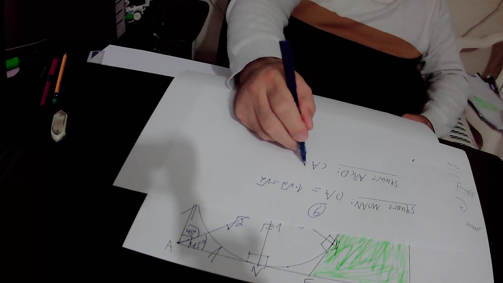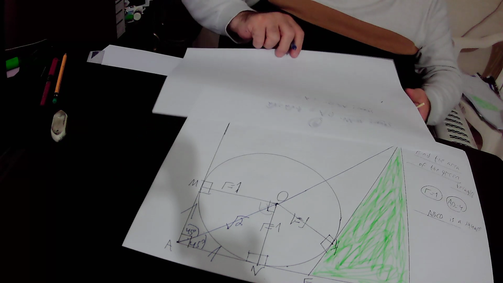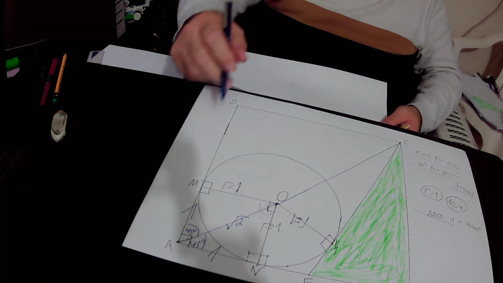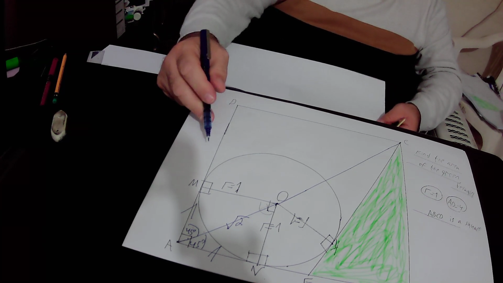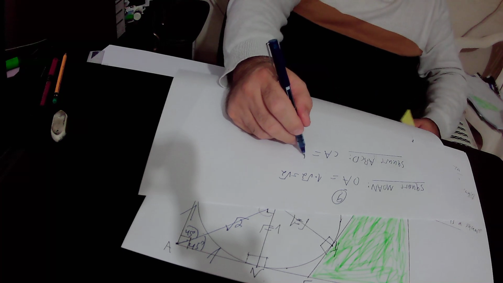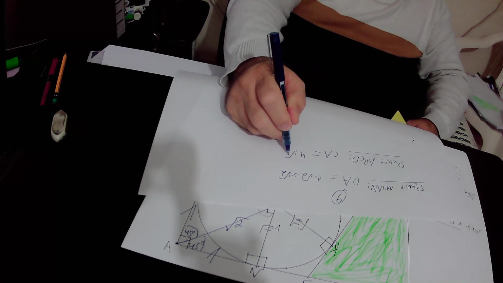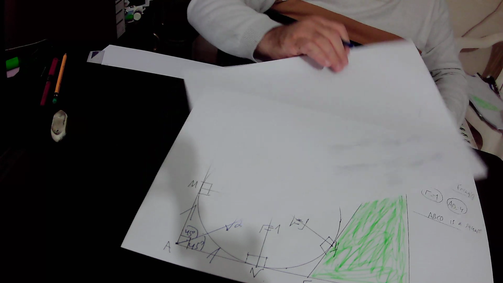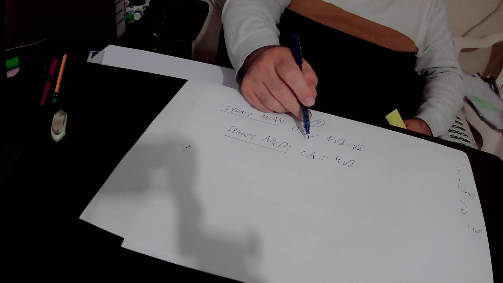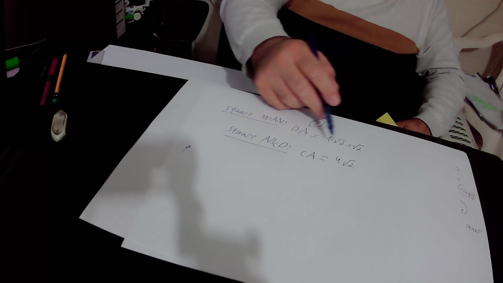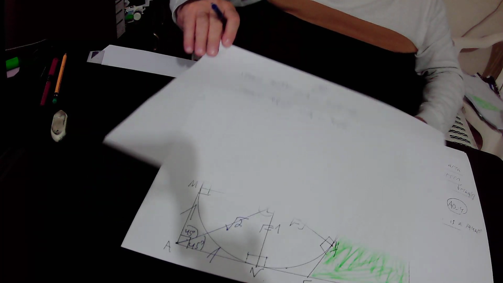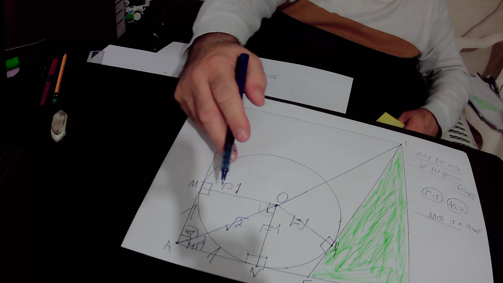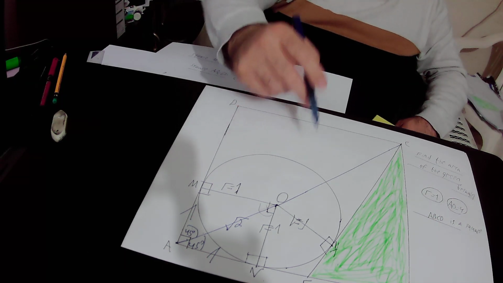The length of diagonal CA will be equal to the length of one side of square ABCD, that is 4 units, times square root of 2. So we found out that the length of diagonal CA of square ABCD equals 4 times square root of 2 units.